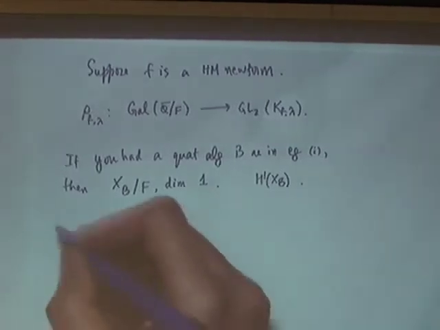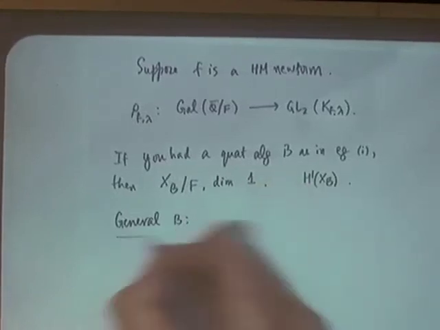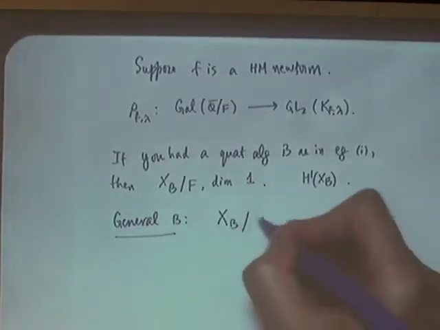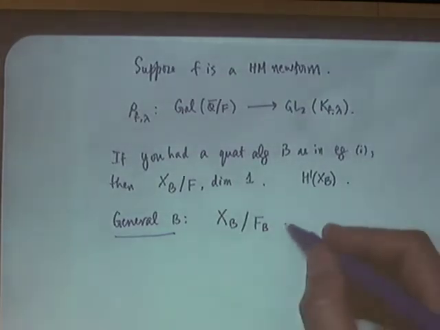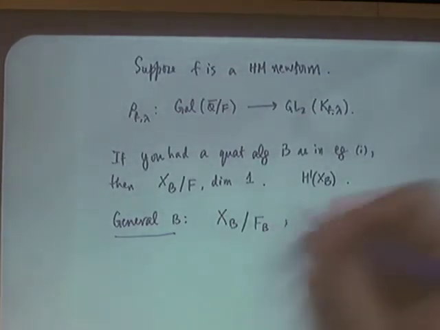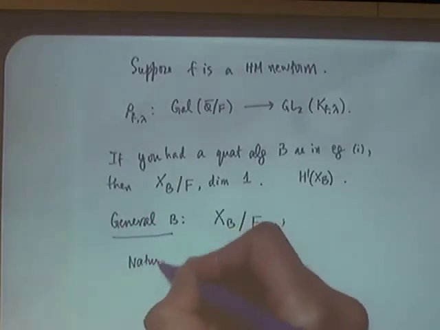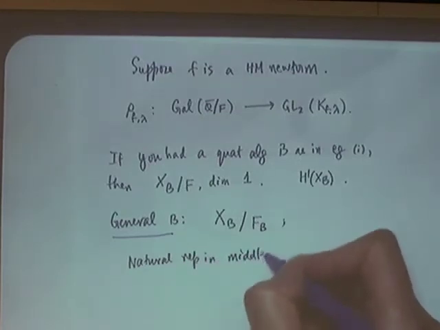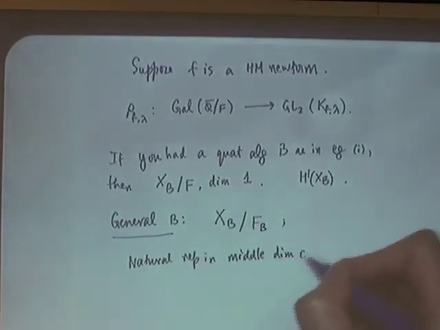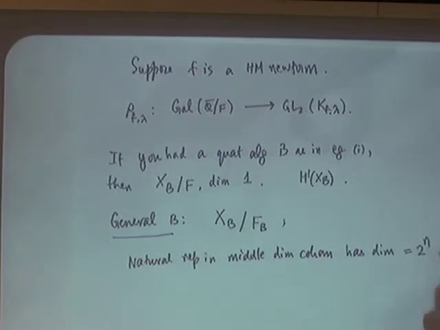Now what happens if you take a more general B? If you take a more general B, then X_B is only defined over this reflex field F_B, right? It turns out that there is a natural representation you can look at in the middle dimensional cohomology, but this natural representation in the middle dimensional cohomology has dimension not 2, but dimension 2 to the n.